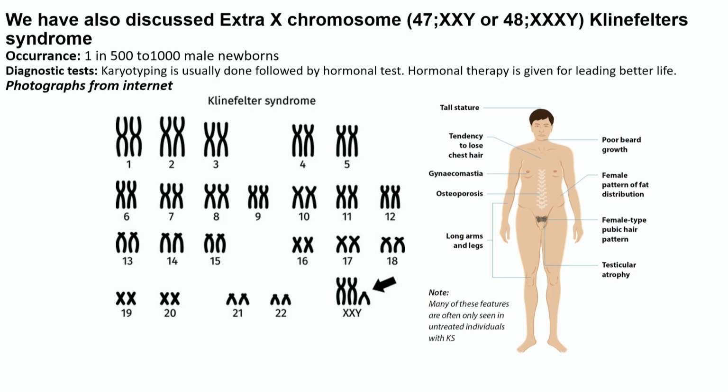These syndromes are called Klinefelter syndrome, and there again there are some anomalies that you have seen: tall stature, tendency to lose chest hair, poor beard growth, breast development, female pattern of distribution of the pubic hair, and long arms and legs, testicular atrophy, and so on.